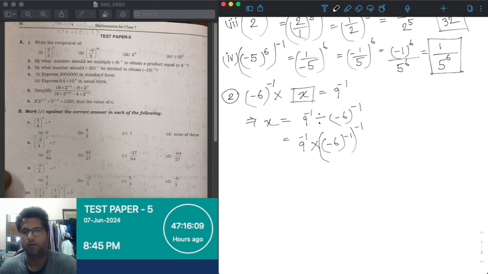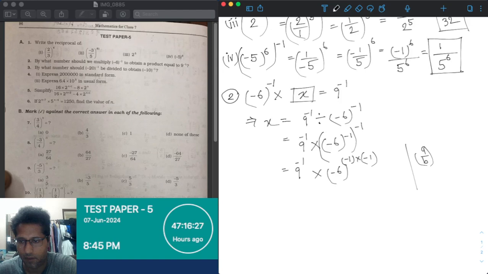So we will have to take its reciprocal. So to the power minus 1. Now this is 9 to the power minus 1 multiplied by minus 6 raised to the power minus 1 into minus 1. Why? Because we know that a by b raised to the power m, again raised to the power n, equals a by b raised to the power m into n.